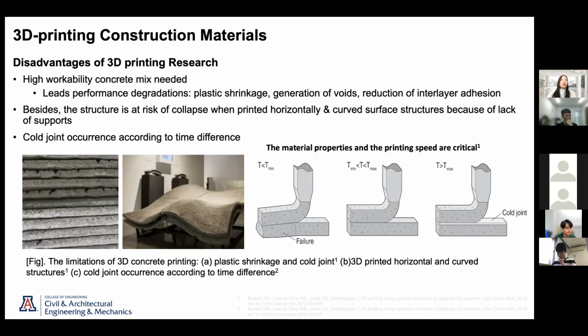Last, the most common 3D concrete printing problem is the occurrence of cold joints. The material properties and the printing speed are important for avoiding cold joints. So understanding the cement hydration kinetics can help determine hardening properties, which is a significant factor in 3D printing.